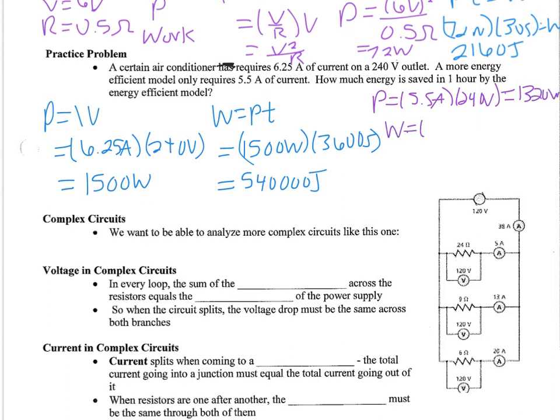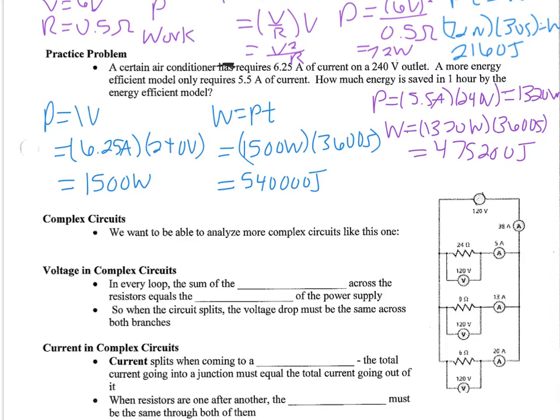Work equals 1320 watts times 3600 seconds, and that's 4,752 joules. So how much energy is saved?